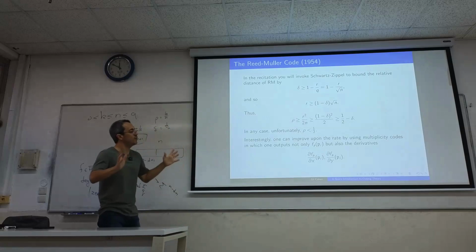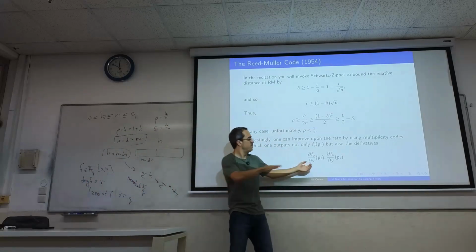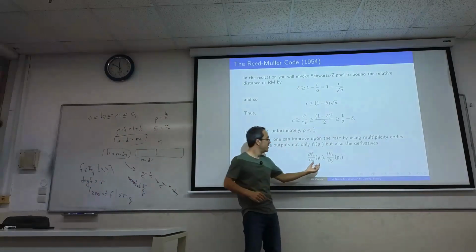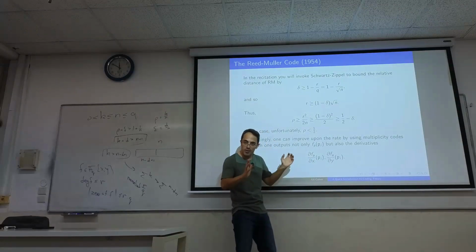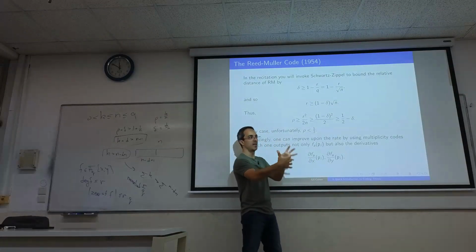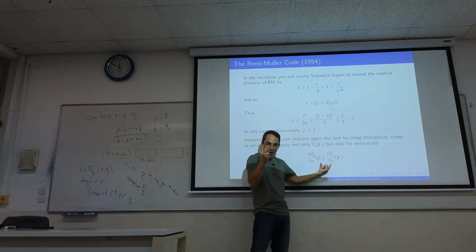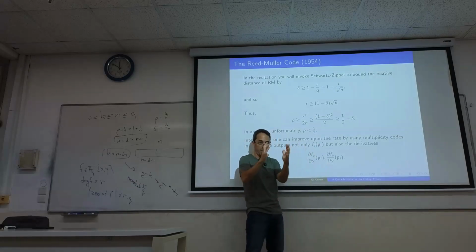I will just say, just for fun, that like 10 years ago, or maybe even before in other communities, someone suggested that maybe you shouldn't just output the evaluation of f of a at pi as the symbol. Maybe you should also add two other pieces of information at the symbol.